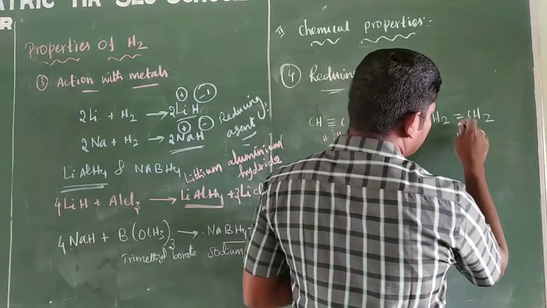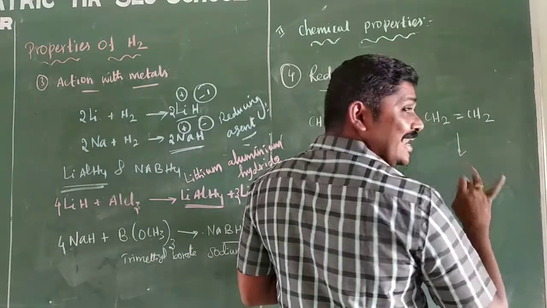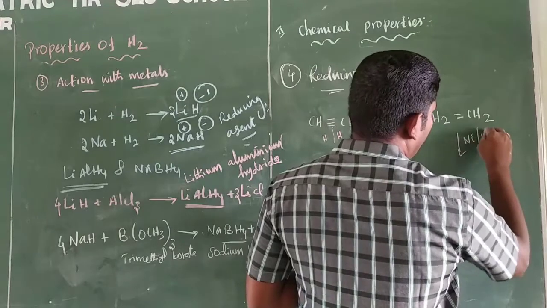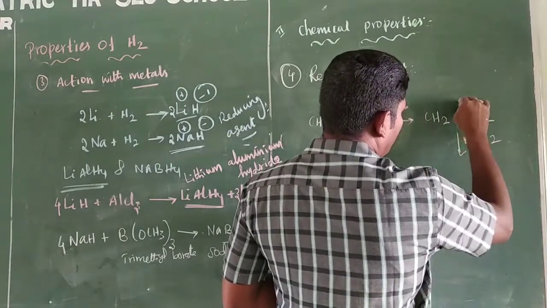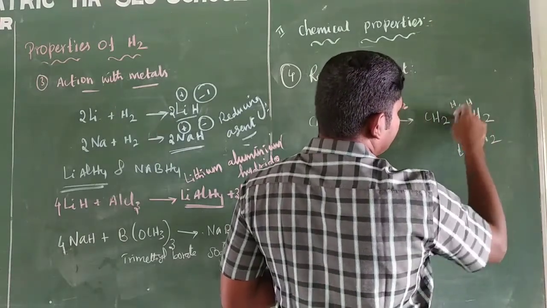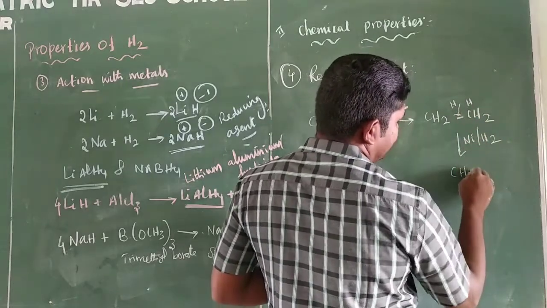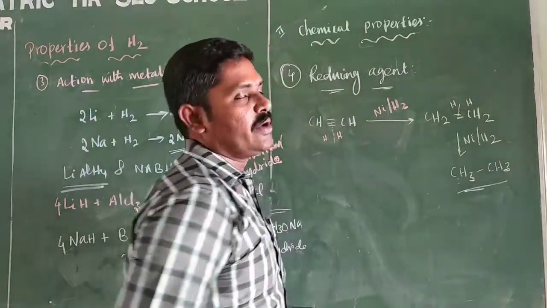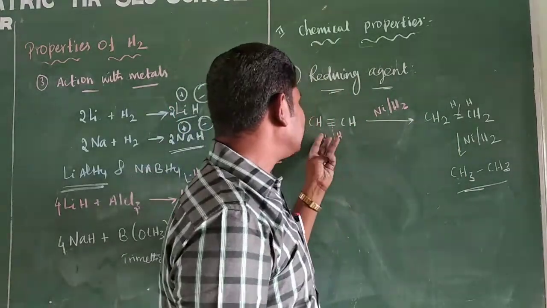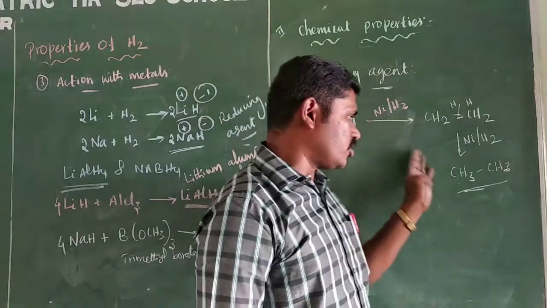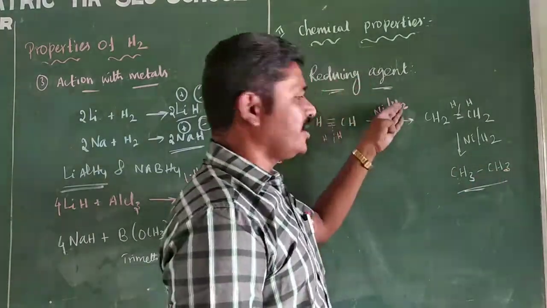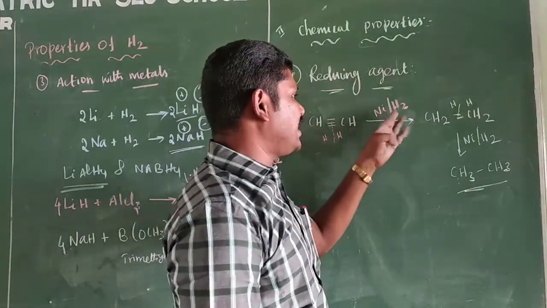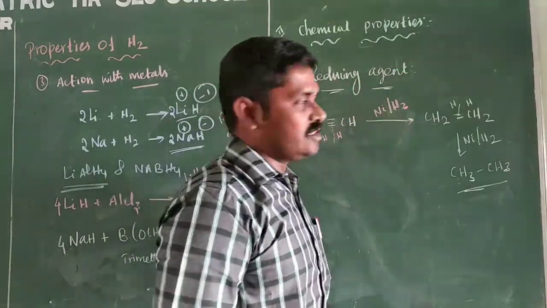Then the alkene is further reduced, another pi bond is broken, to give CH3-CH3, a saturated hydrocarbon. The unsaturated hydrocarbon is converted into a saturated hydrocarbon using hydrogen. This process is called reduction, with hydrogen acting as a reducing agent.